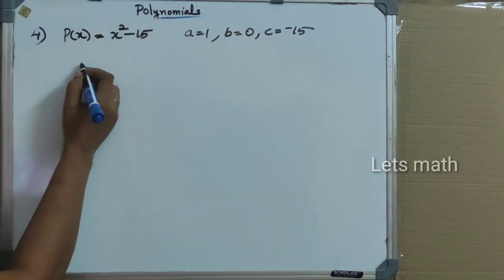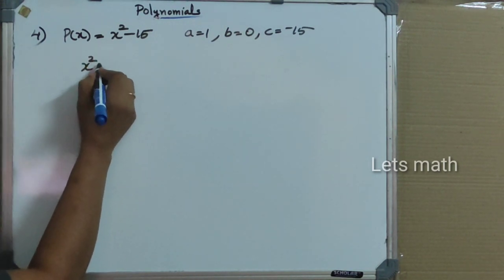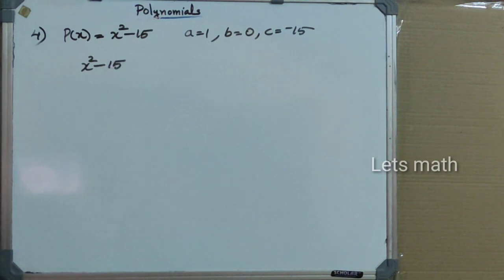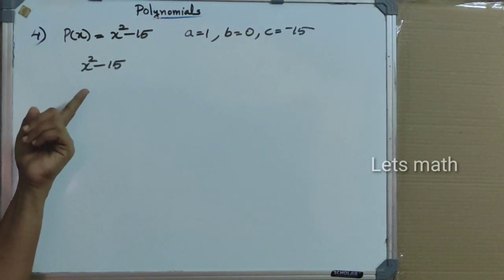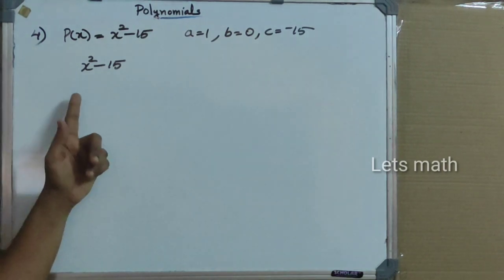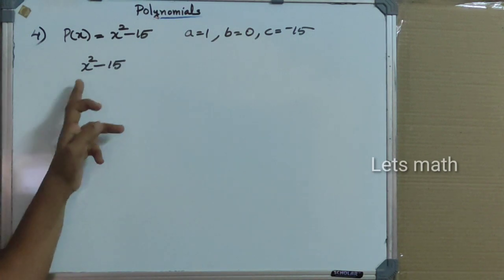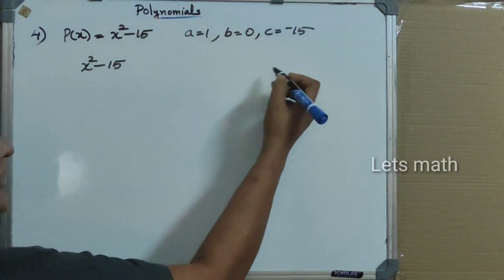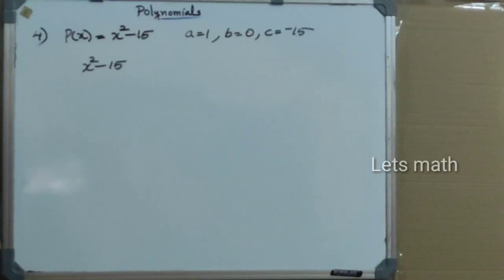Now let us factorize it. X square minus 15. We cannot split up the middle term. Can we use any of the identities here? This time we have to recall the identities we studied, like a plus b whole square and a minus b whole square.